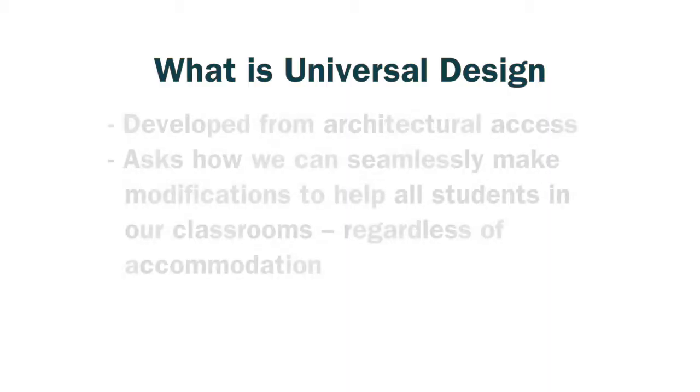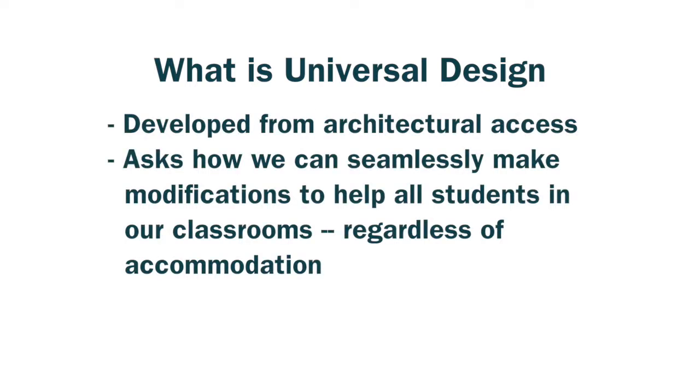But we can also think more broadly, and that's where this concept of universal design has come into play. Universal design was a concept developed around architectural access that spoke to the design of buildings in ways that had seamless accessibility, almost invisible in the creation of facilities.